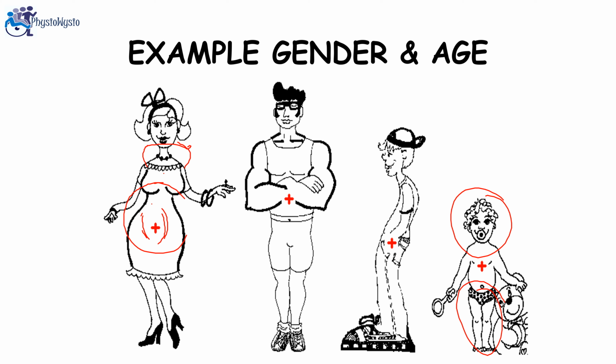Age affects the location of the center of gravity because it affects body part mass proportion. In a newborn, the upper part of the body is heavier than the lower part, so the center of gravity is higher than in adults. With advanced age, the center of gravity becomes lower.